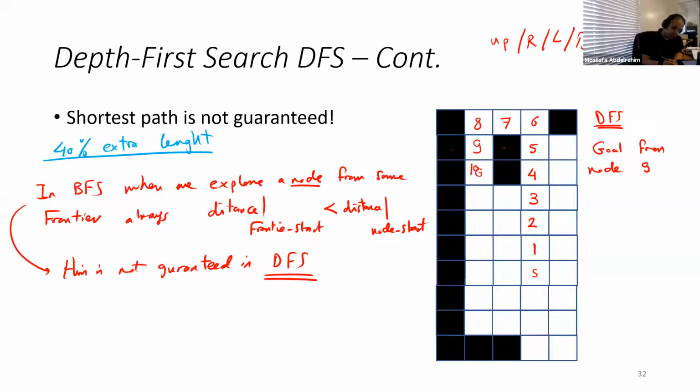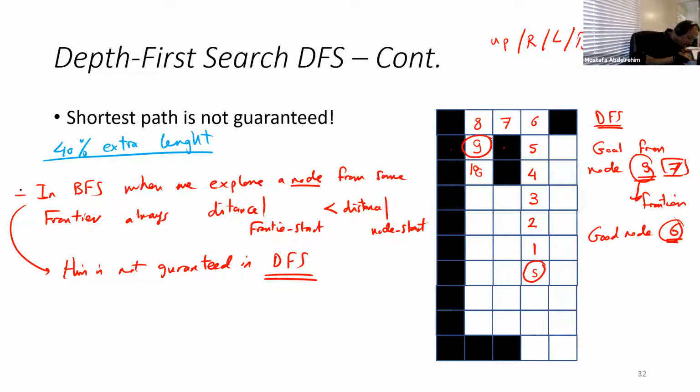And what is the distance between this node and the starting node? Let's count. 1, 2, 3, 4, 5, 6, 7. So 9 was the frontier from which we explore the goal node. The goal node itself has 6, the distance of the goal node to the start is only 6.